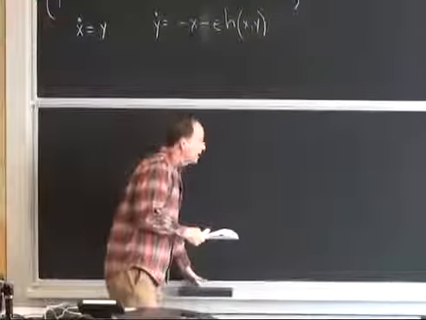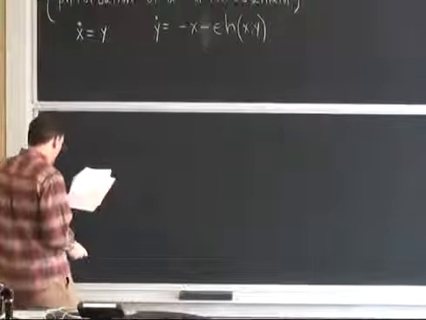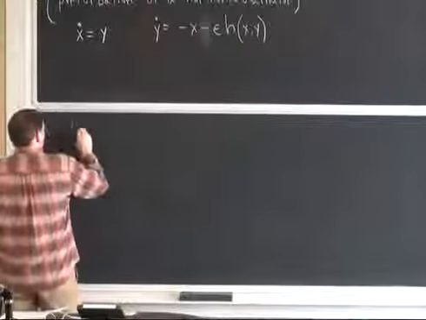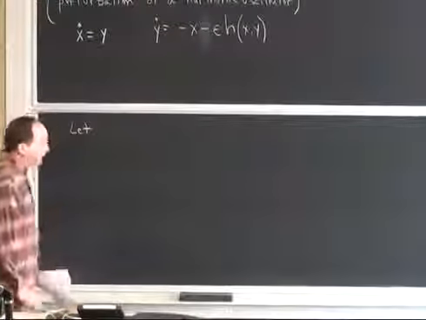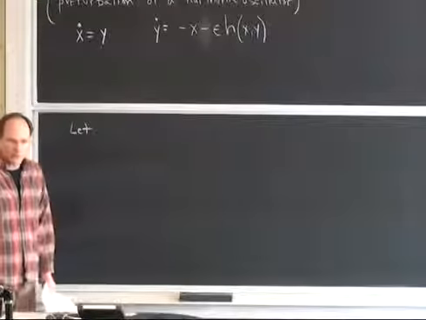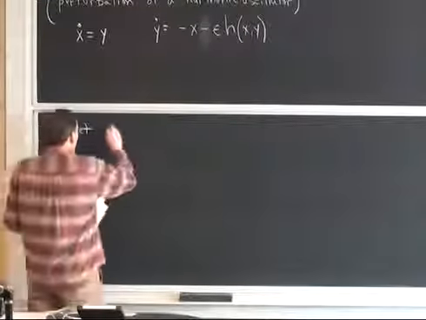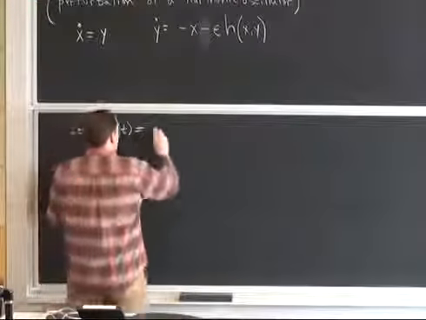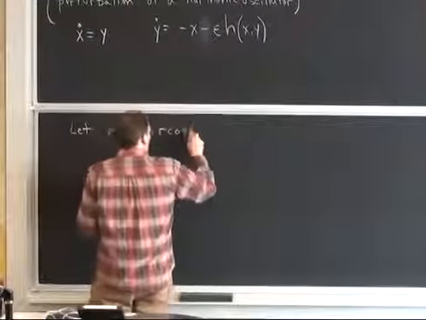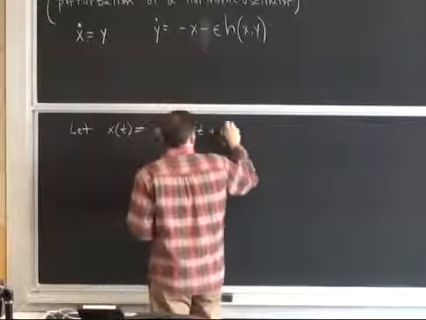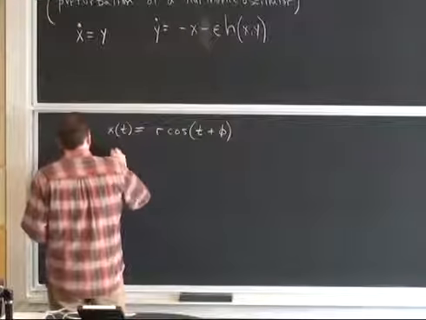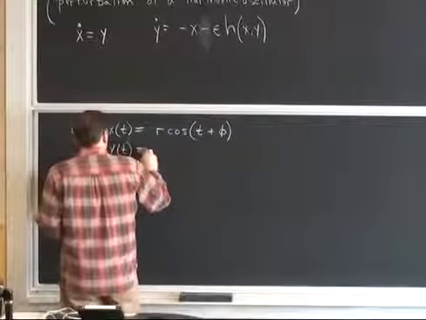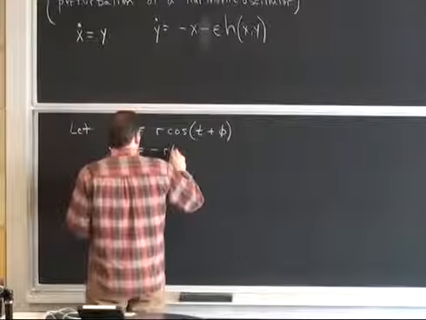Okay, so let's try to figure out evolution equations for the R and the phi. Here comes a step that many people find confusing, so be sure to ask me if you don't get what I'm saying. I'm going to let x of t equal r cosine of t plus phi. And I will let y of t equal minus r of t sine of t plus phi of t.